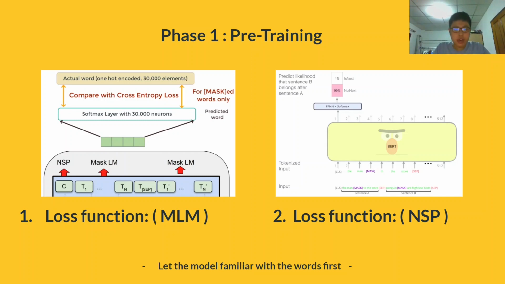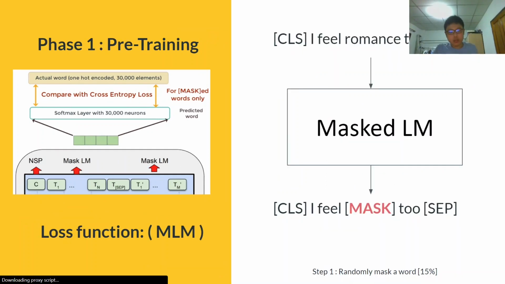So let's talk about MLM. This is not that hard, because the input here is just the sentence, our observation: I feel romance too. Then we randomly mask a word. In this case, it masked the word romance.